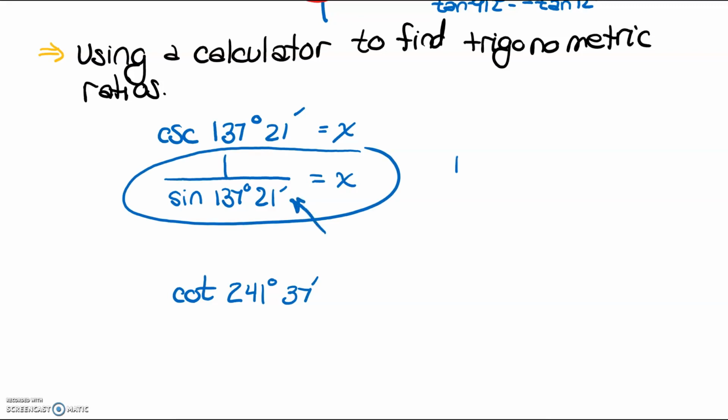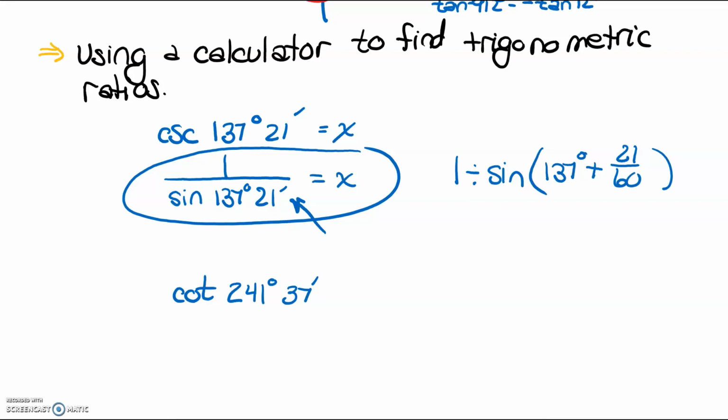Okay, so if I plug this in my calculator, I have it. So if I go 1 divided by the sine, what do I put in parentheses? I'm not sure if you remember how to convert minutes to degrees, but in parentheses, I would get 137 degrees plus 21/60ths of a degree. And that's how I would enter it in my calculator.